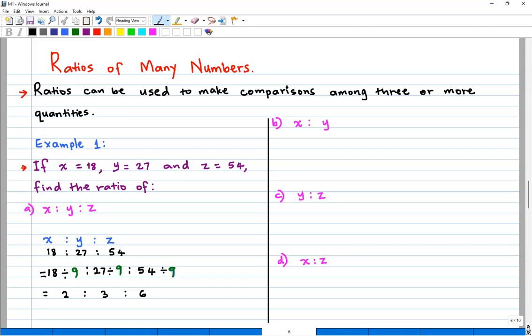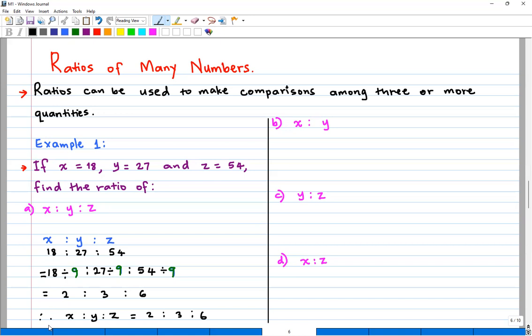So our ratio becomes 2 to 3 to 6. So it means that x to y to z is equal to 2 to 3 to 6.